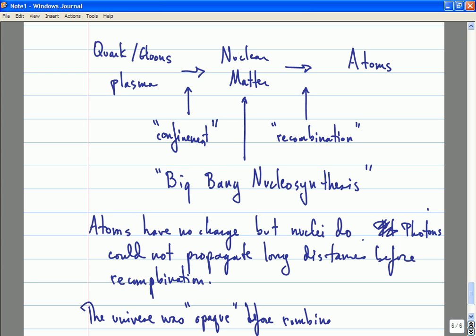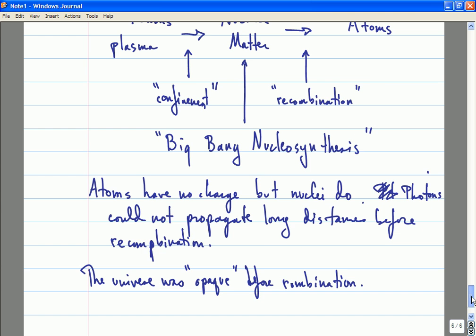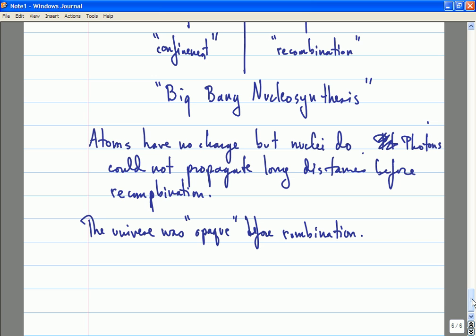So if you look in your telescope or your radio telescope at the light that was emitted in the very early universe, all you will ever see is this surface where recombination occurred, which is sometimes referred to as the last scattering surface. And this is the surface that is probed by all of the various cosmic microwave background experiments.